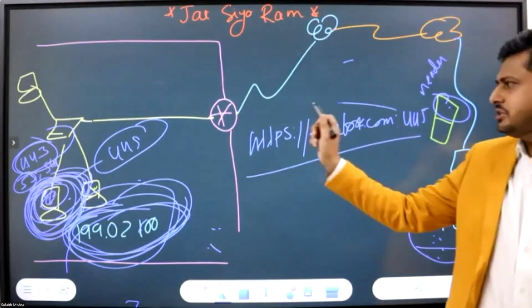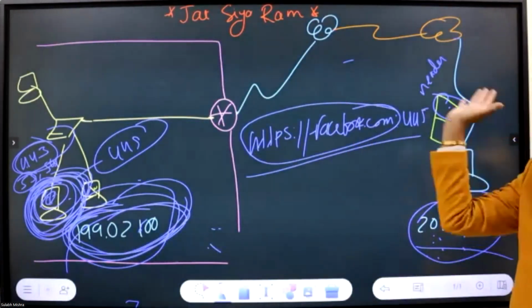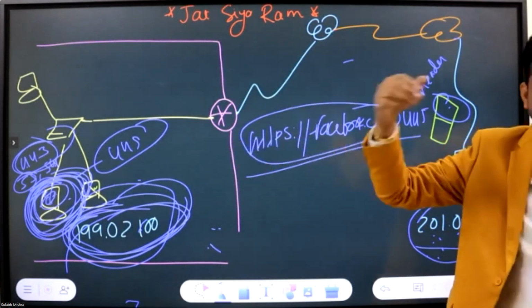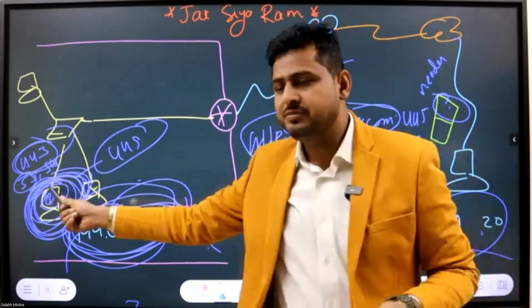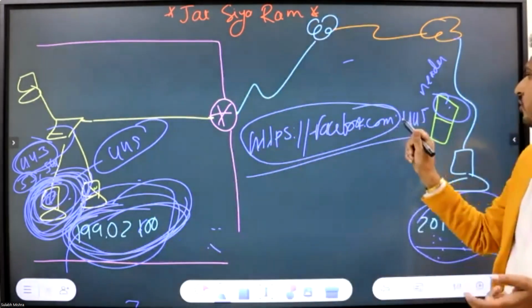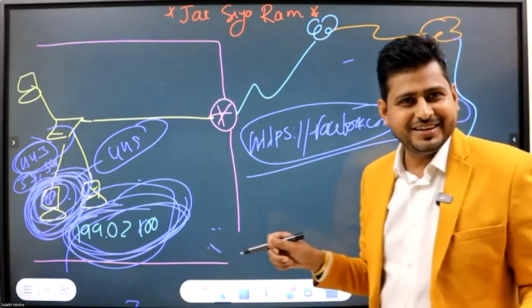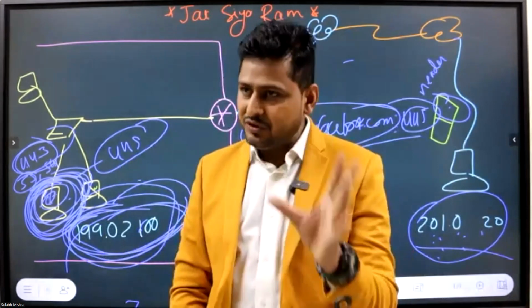So there is no need to define the port number in the browser if you're using the default port number. Whenever you type https://facebook.com, your browser will send the packet traffic to port number 443. If Facebook were accessed on some other port number, then you would have to define the colon and port number. Understand? So default port number 443 is used to access the website.